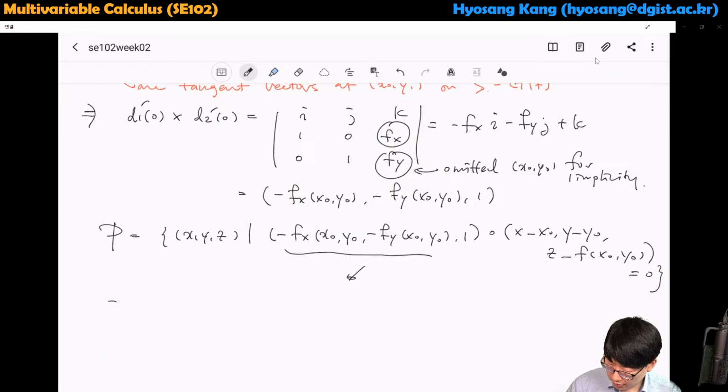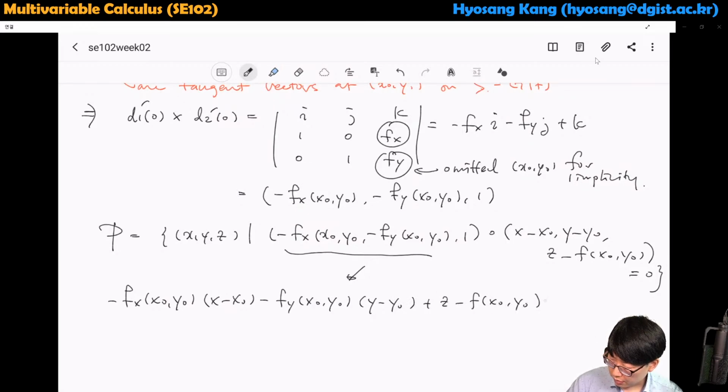We have -fx(x0, y0)(x - x0) - fy(x0, y0)(y - y0) + (z - f(x0, y0)) equals 0. That's the inner product, and that's the equation defining the points on this plane.